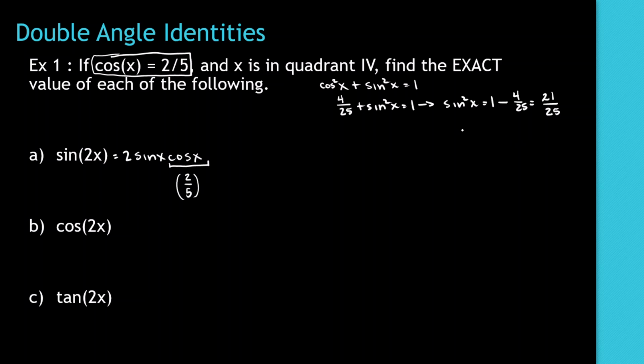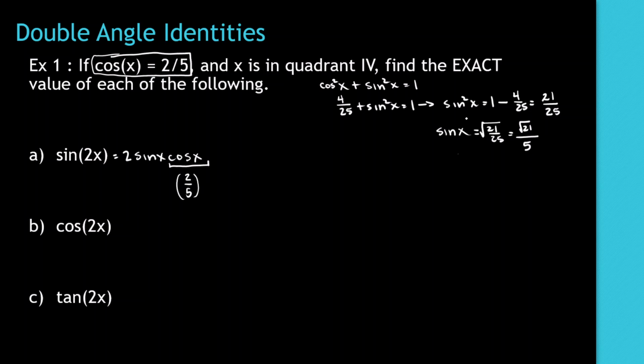So then I can take my square root, and I get sine of x is going to be equal to the square root of 21 over 25, which is equal to the square root of 21 all over 5.